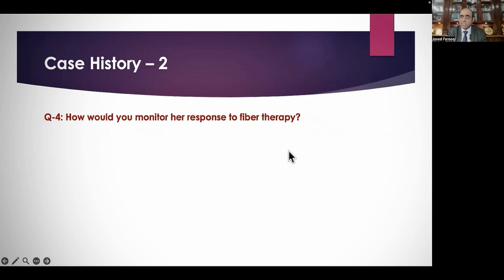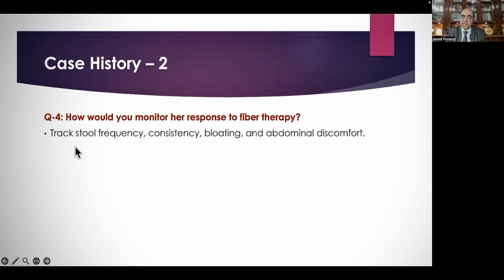Question number 4 on this case history: how would you monitor her response to fiber therapy? Answer is track stool frequency, consistency, bloating, and abdominal discomfort. Adjust fiber types or dosage as needed.